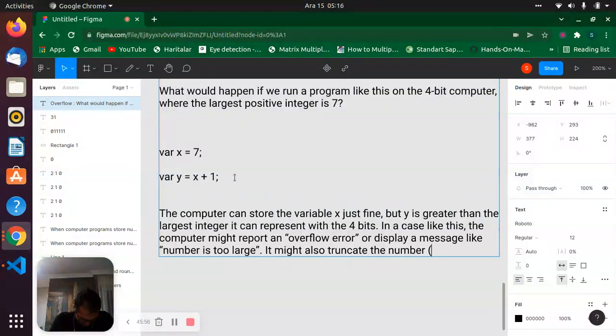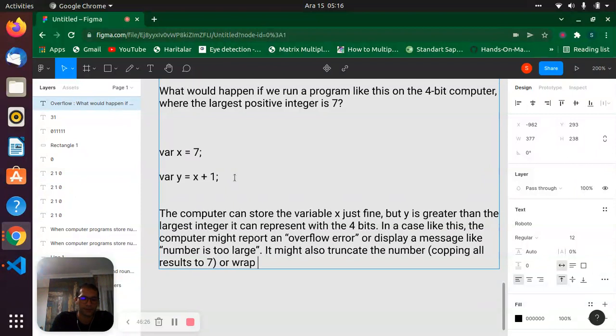I mean capping, right? I don't know these words too much. Capping all results to 7.